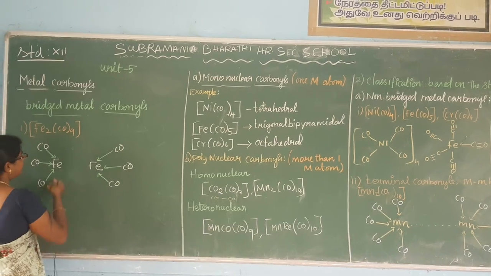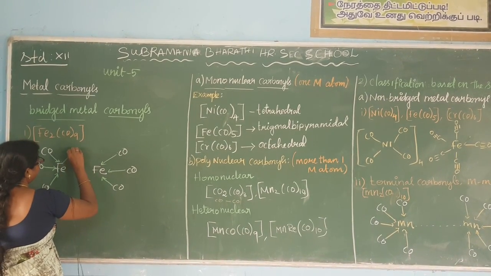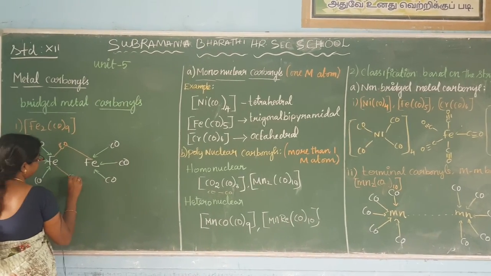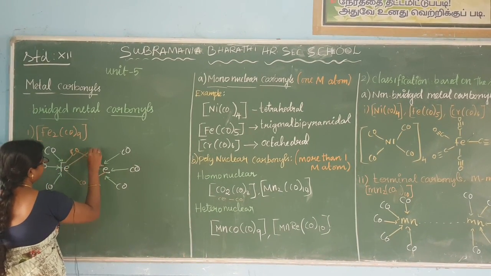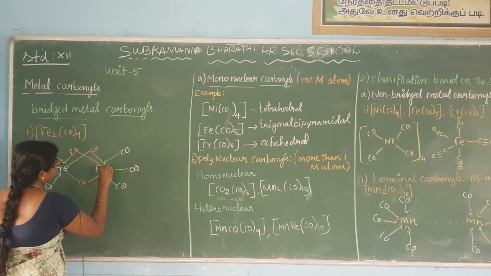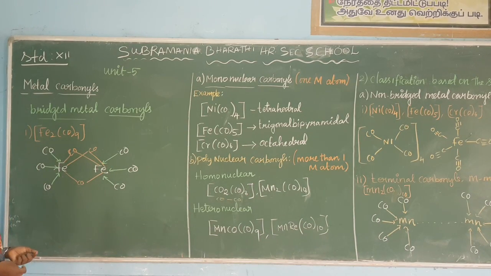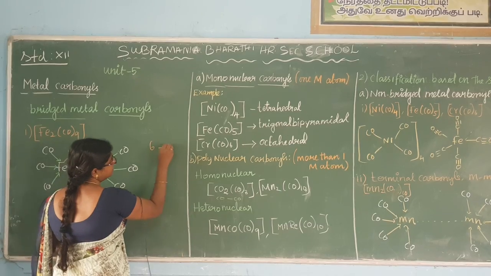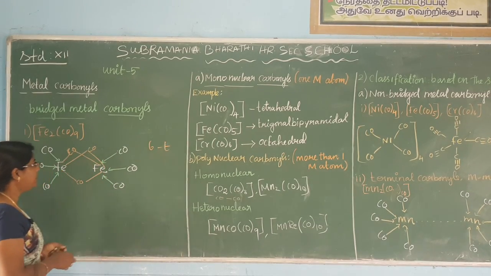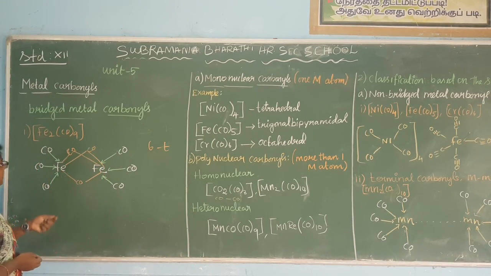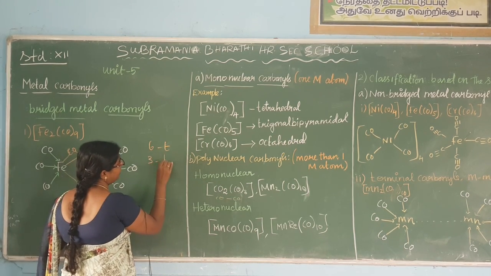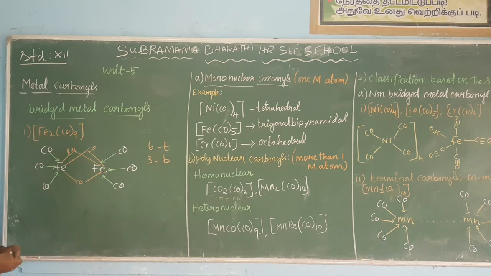And it will have 3 bridging carbonyl groups. So in this case, how many terminal carbonyl groups are there? 1, 2, 3, 4, 5, 6. So 6 terminal carbonyl groups are present. How many bridging carbonyl groups are present? 1, 2, 3. 3 bridging carbonyl groups are present.